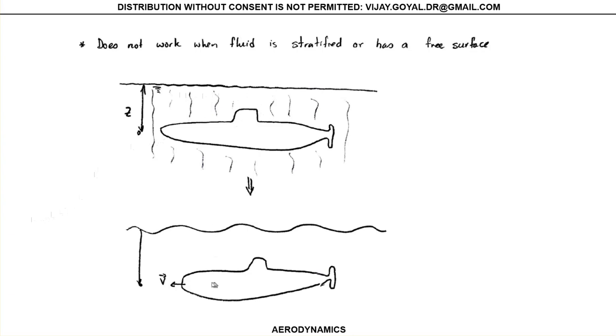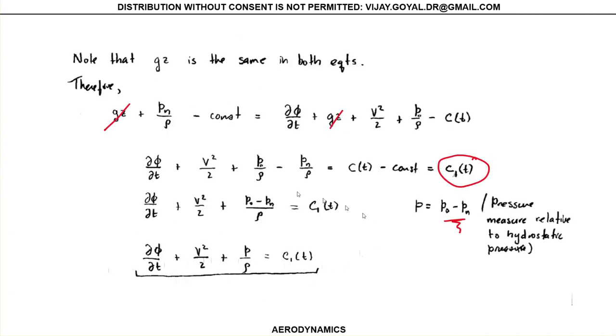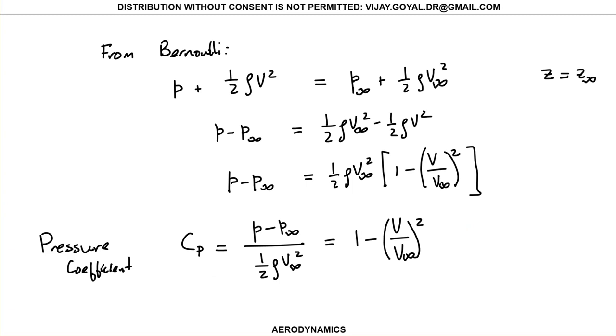Even if I'm moving close to the surface, the equation that we derived does not apply there. I just want to keep that out there. So these are some ideas on how we will work with potential flow, and how a three-dimensional potential flow will look.